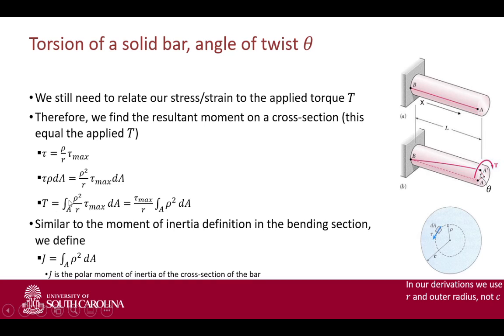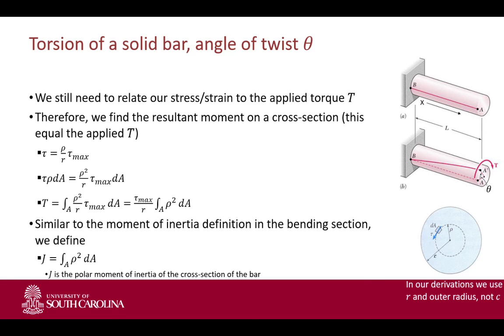If you want to do it across the whole cross section, you take an integral over the area. So we get that the integral over the area of rho squared over r multiplied by the maximum shear stress dA is equal to the torsion.